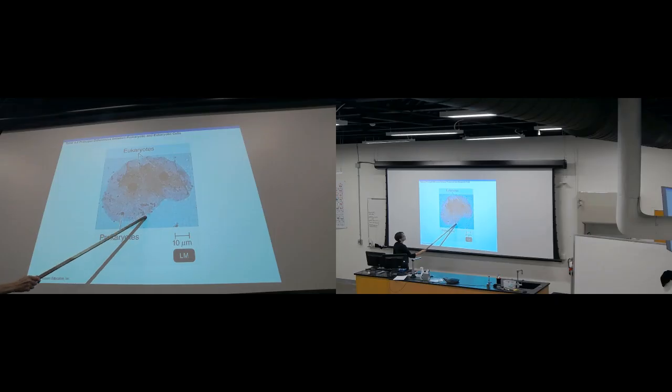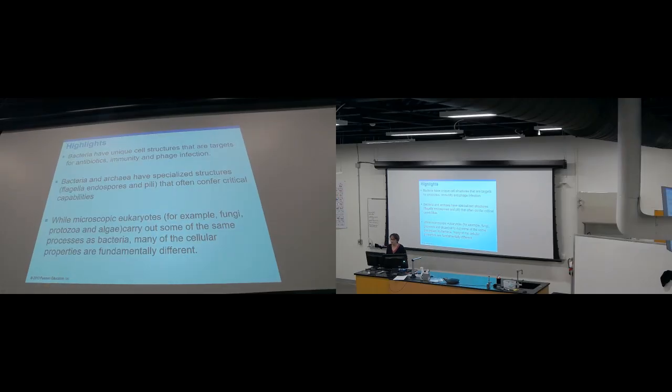So see how small the prokaryotic cell is, and this one has a large nucleus, these two, so these are eukaryotic cells. So a highlight of this chapter is that bacteria have unique characteristics that are targets for antibiotics, including the presence of the 70S ribosomes, and as well the presence of a cell wall.